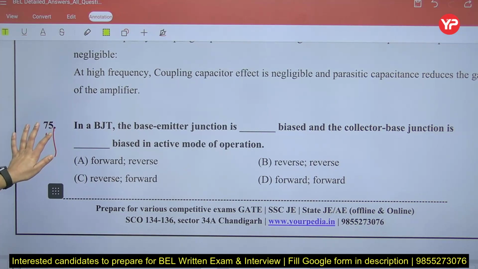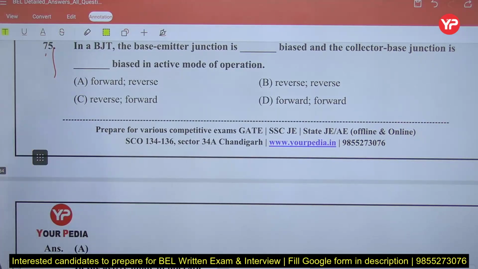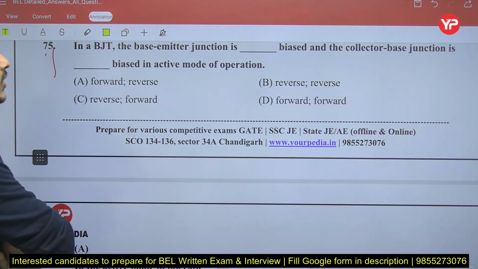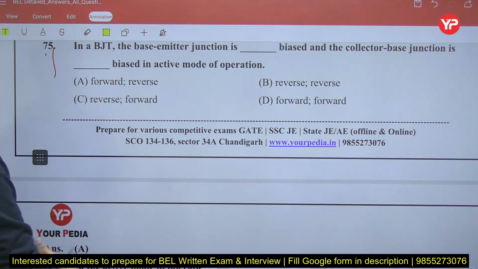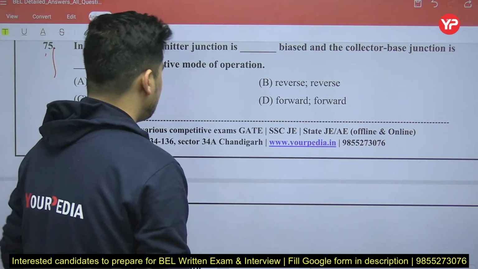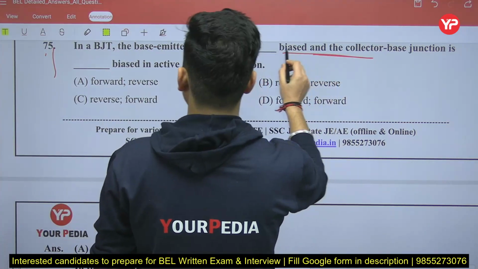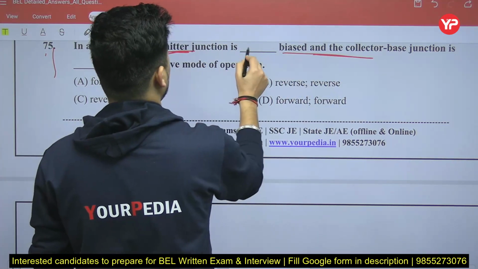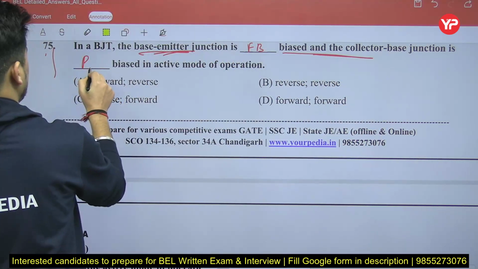Okay. In a BJT, the base emitter junction and the collector base junction are biased in what way in the active region? Whenever your transistor works in the active region, the base to emitter junction will be forward biased and the collector to base junction will be reverse biased.